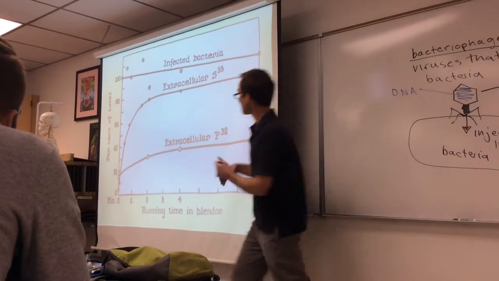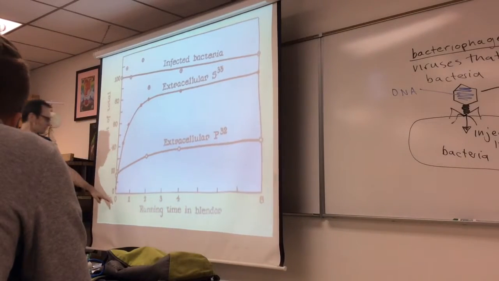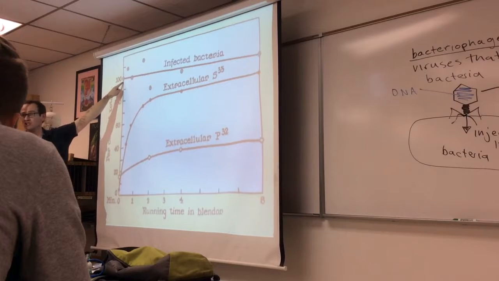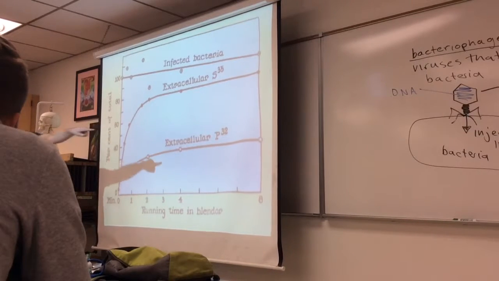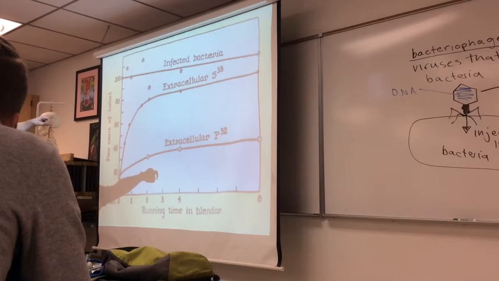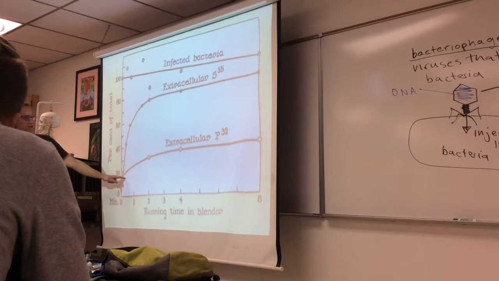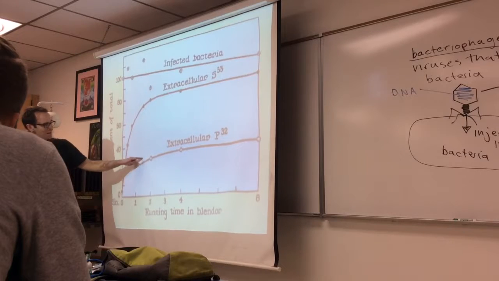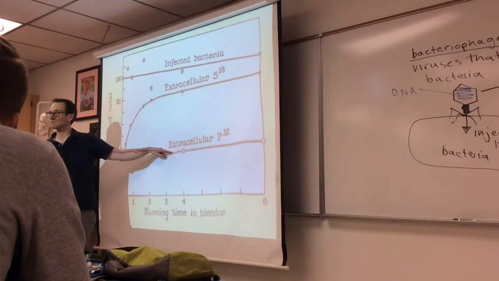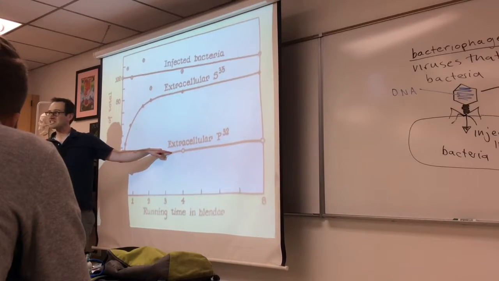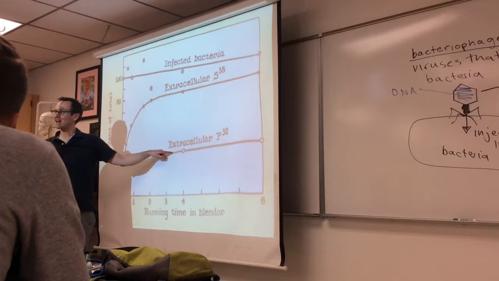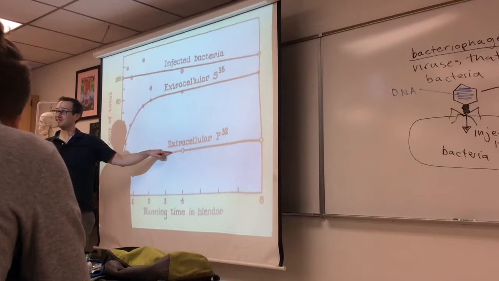But yeah, so you can see that when you start the experiment, you have essentially maximal infection. So infection happened, injection of information occurred. Then you shake them using the blender, and a small amount of the phosphorus becomes extracellular, but a solid 70% of all the DNA that had the radioactivity that went into the experiment remains inside of the bacterial cell, which is amazing.